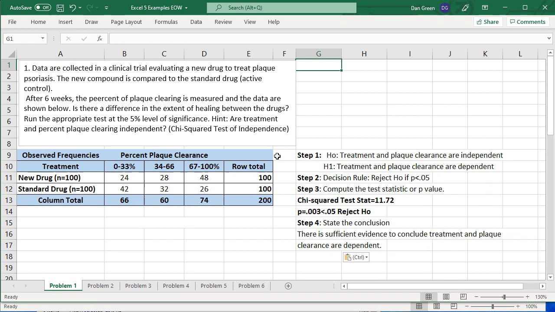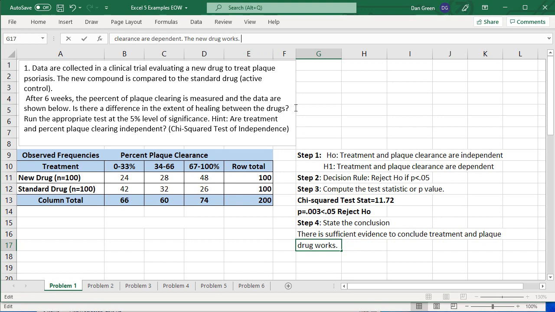And so you'll always have those same 4 steps in a hypothesis test no matter what type of test it is. So here we can see that this new drug is indeed working. So that's probably the more casual conclusion here, is that the new drug works.